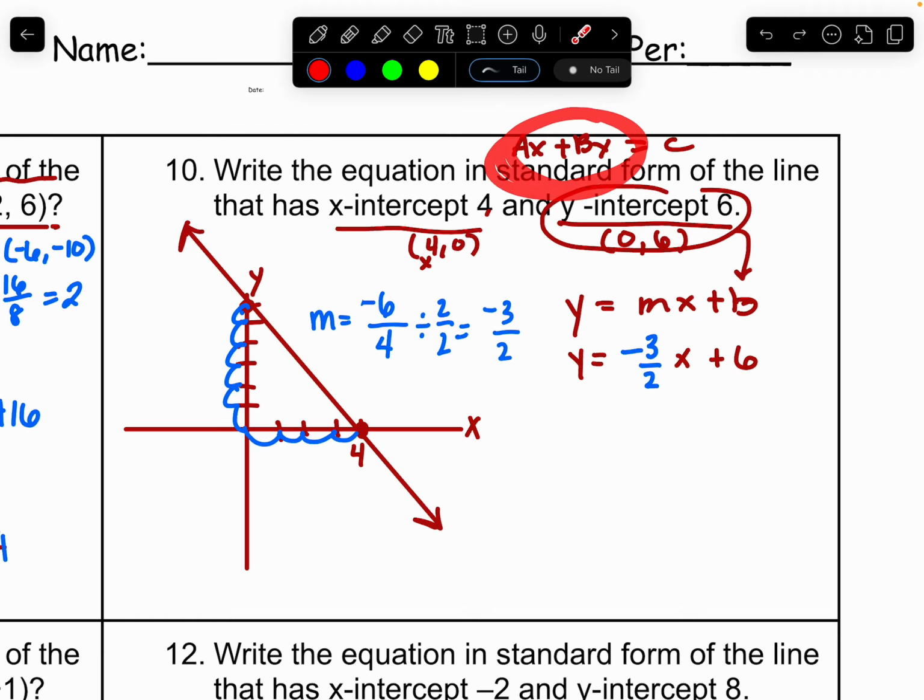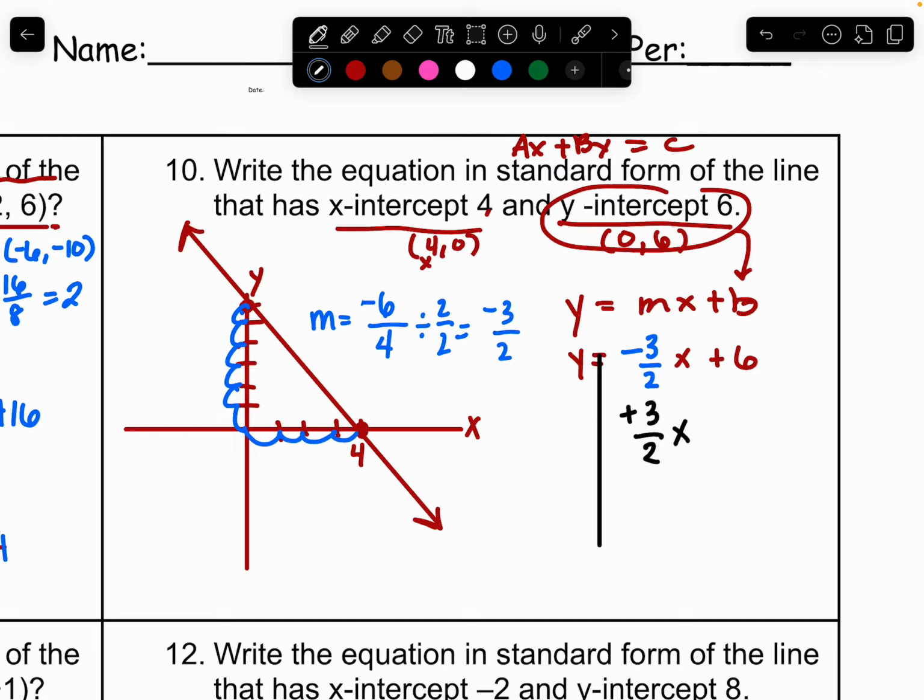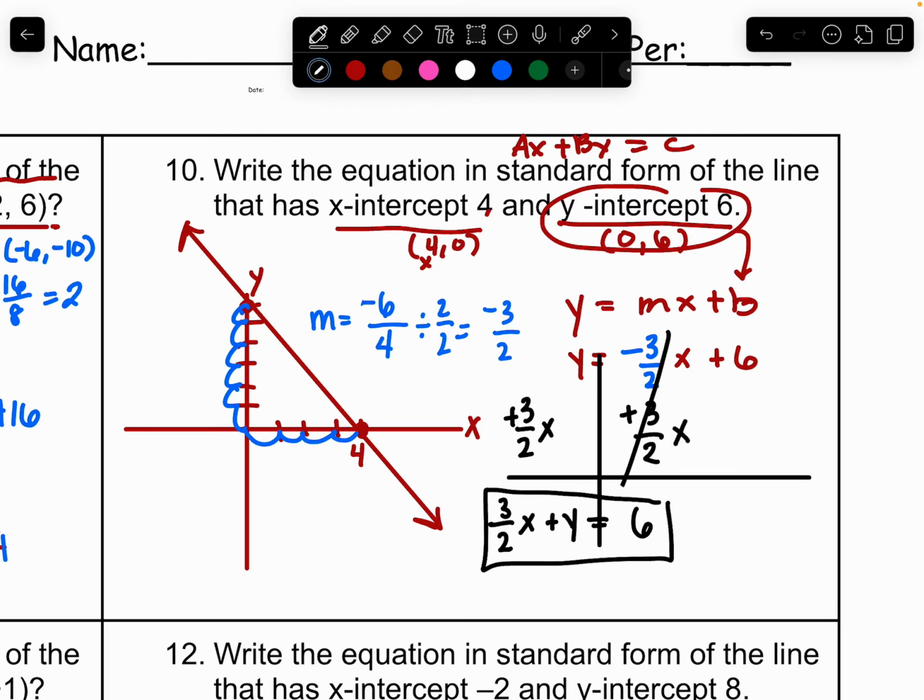We want x and y on the same side. So I'm going to move this x, so plus 3 over 2x. Since they're not the same variable, plus 3 over 2x. So now I have 3 over 2x plus y equals 6.